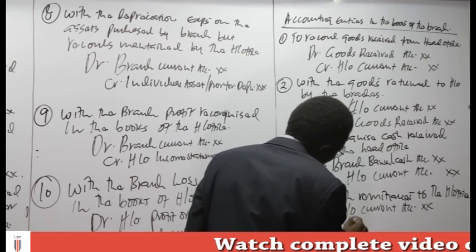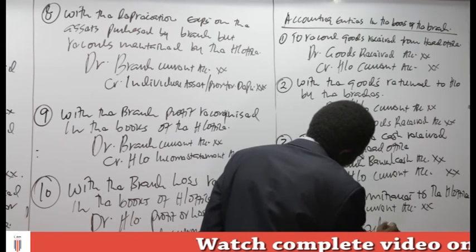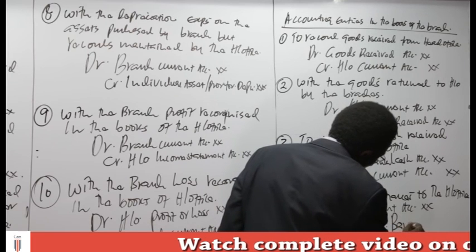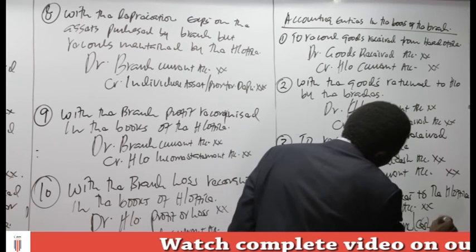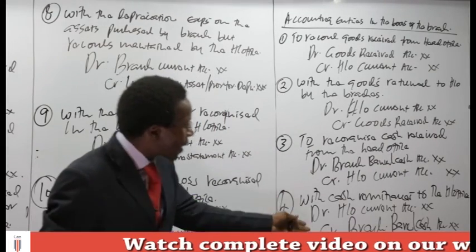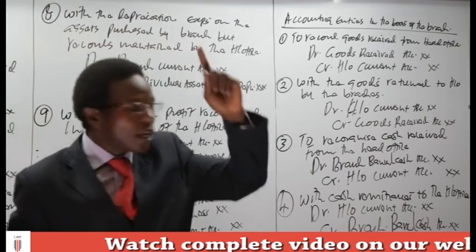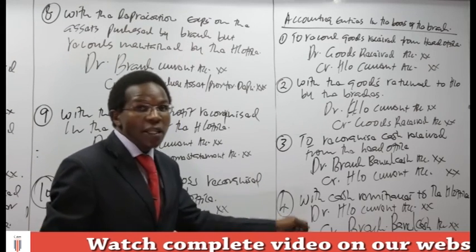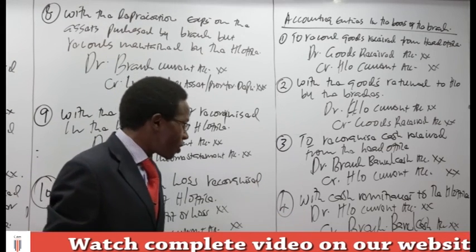Then we need to credit the branch bank or cash account. So don't forget. If we are remitting cash to the head office, this is the entry that we should carry out.